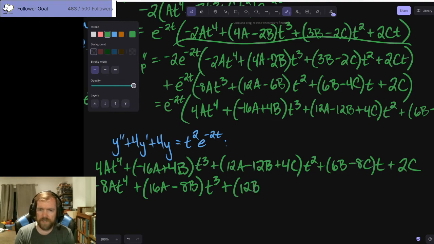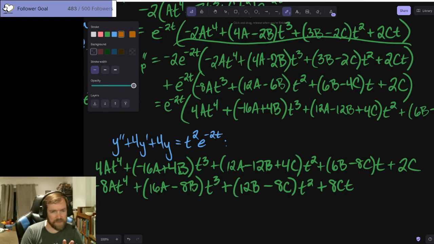Some of the stuff canceling out is nice, right? That's supposed to happen. Minus 8c t squared plus 8ct. Okay. So that gets rid of some stuff automatically.